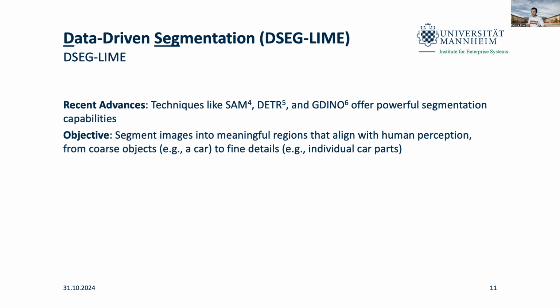The objective is to segment images into meaningful regions that align with our human perception, so semantic segmentation. We can segment an image from coarse objects, like, as I said before, a whole car, to fine details, like individual car parts.